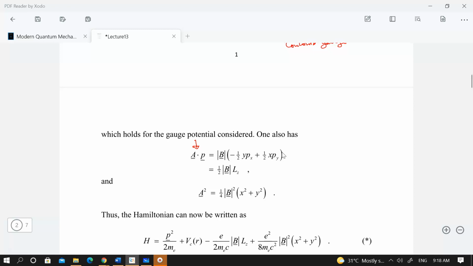You just dot product this thing which involves your B earlier together with P, then you can actually reduce it to this if you do the algebra. And then if you look at this, this corresponds to the z component of your angular momentum.